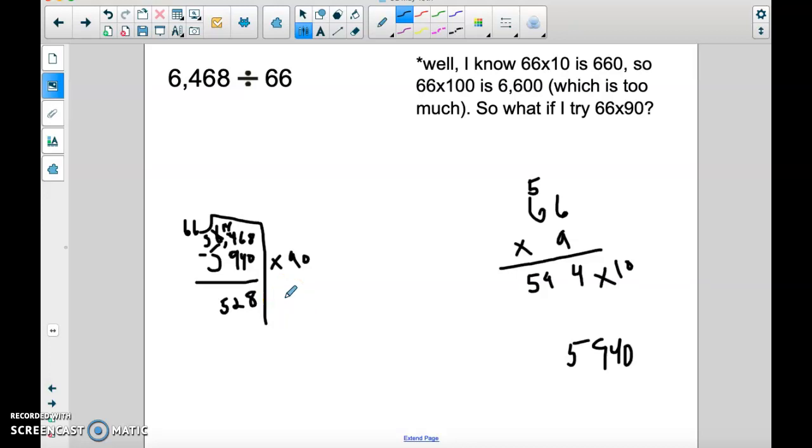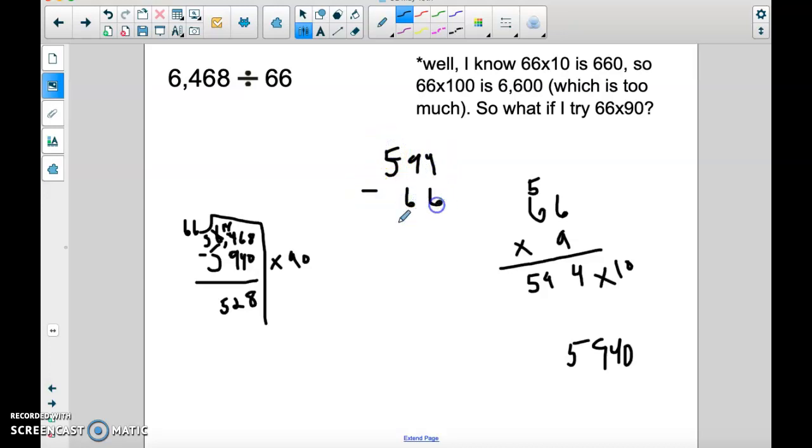528. I wonder what I could do now. Well, I know that times 9 got me 594. So I wonder what would happen if I ended up doing times 8, or if I could just take away 66 from it. So I have 594 minus 66.